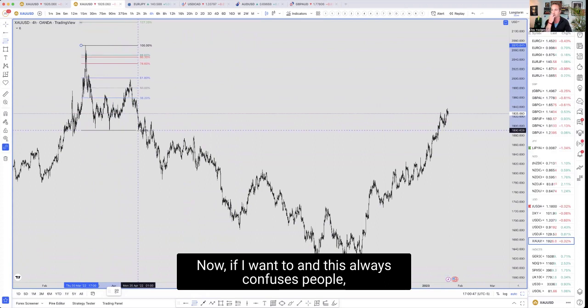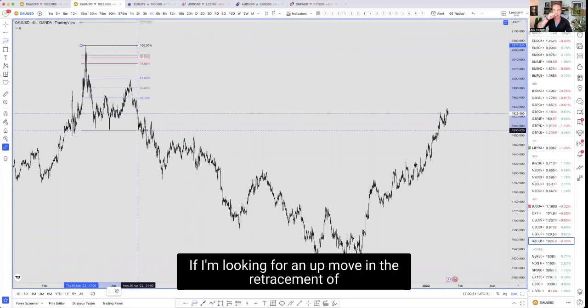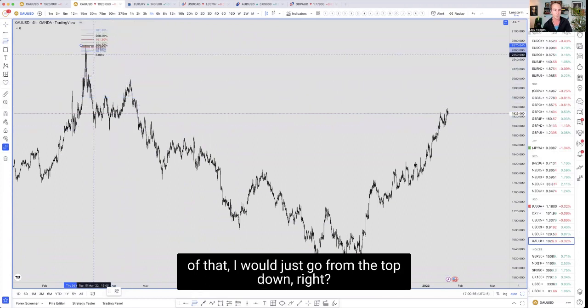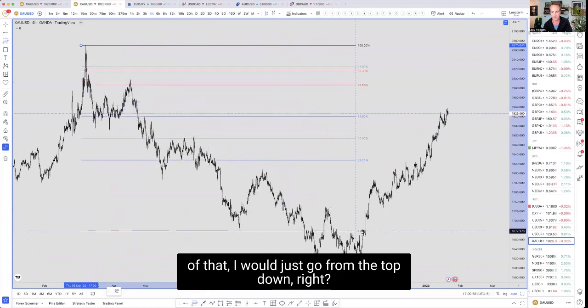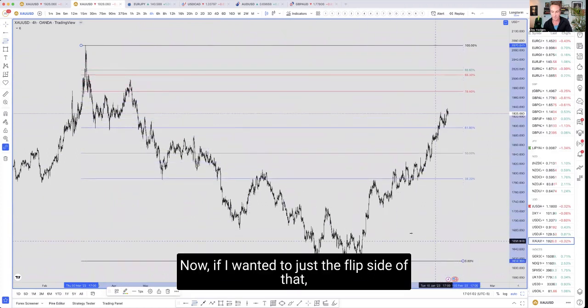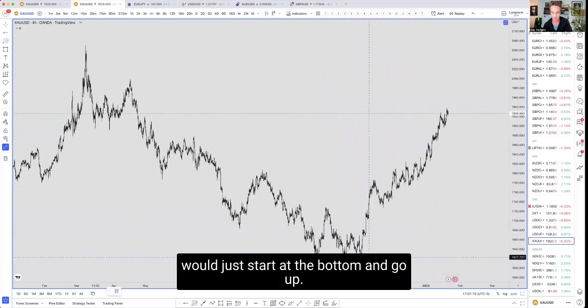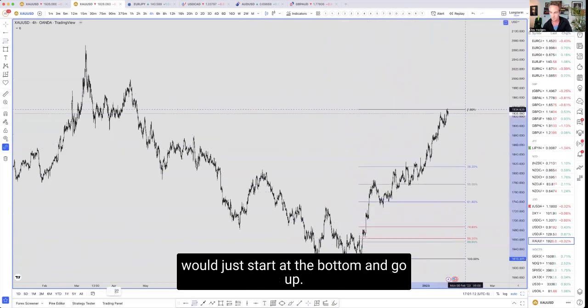Now, this always confuses people. They're like, okay, so how do I draw it? If I'm looking for an up move and the retracement of that, I would just go from the top down, right? Just the flip side of that, if I wanted to measure the degree of this uptrend, I would start at the bottom and go up, right?